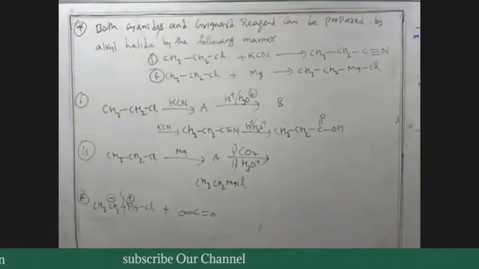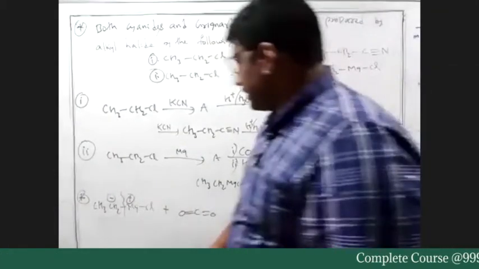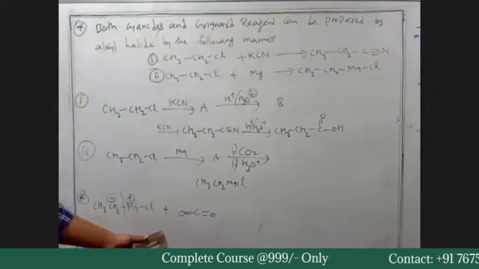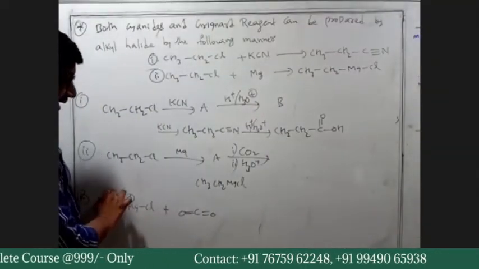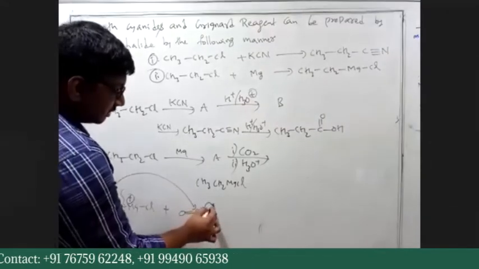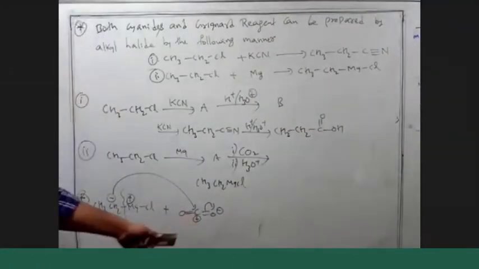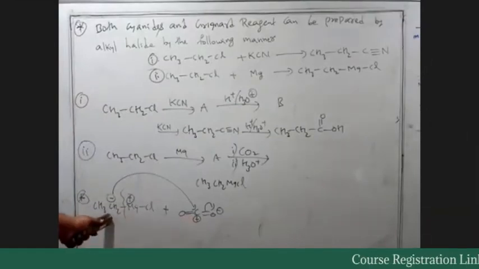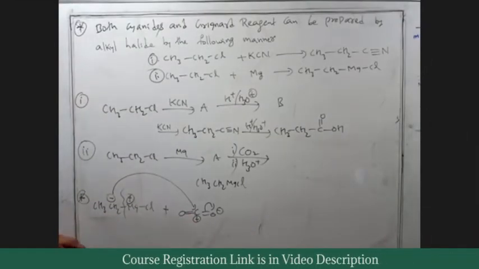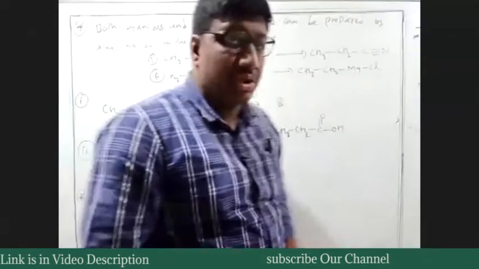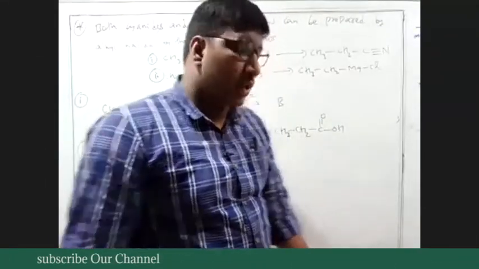CO2 is a linear molecule, so we should always represent it like this. The negative charge attacks this carbon because this carbon is electrophilic and has a slightly positive charge. The negatively charged carbon from the Grignard reagent will attack the positively charged carbon of CO2.